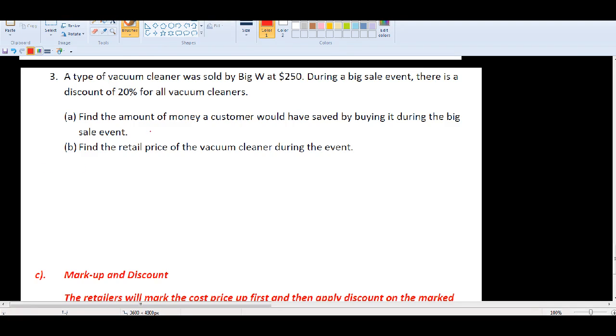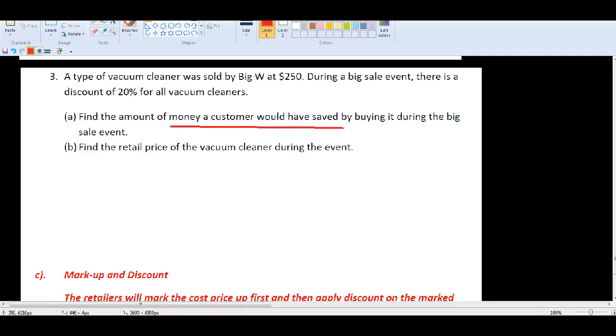Find the amount of money the customer will have saved. So that's another way to ask you. Sometimes they don't just ask what the discount is, which is a very direct question, but sometimes you need to read between the lines. So what's the meaning of "will have saved"?